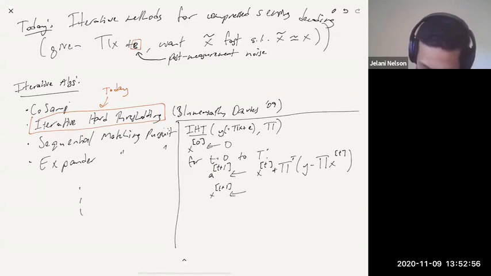And then x_{t+1} gets to be, it's called iterative hard thresholding because it's an iterative algorithm that keeps doing hard thresholding. What is hard thresholding? It's this operator H_k, what's called the hard thresholding operator, applied to a_{t+1}. This is also known as the head vector.